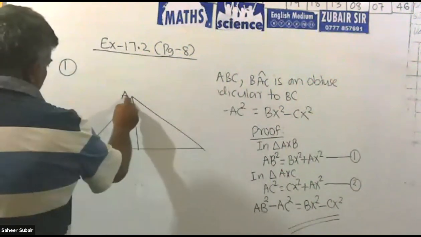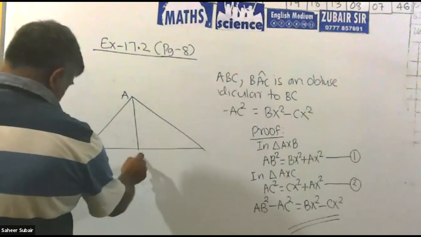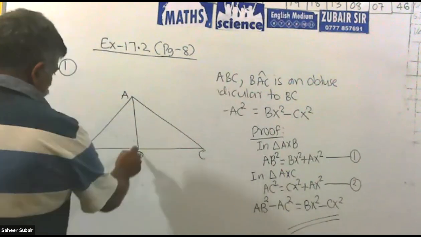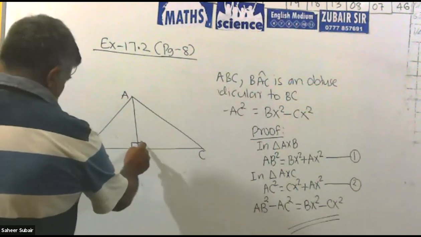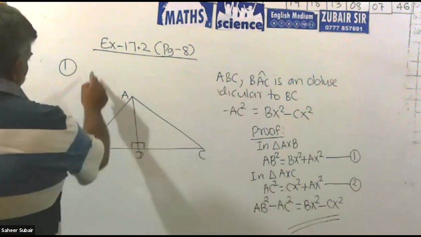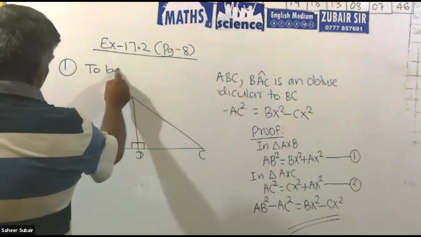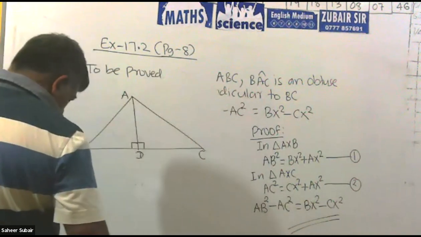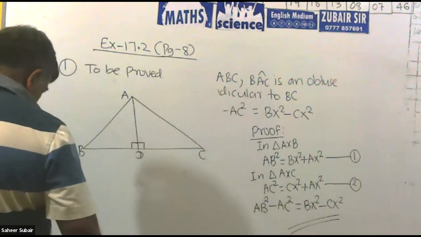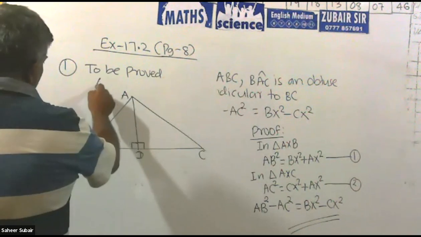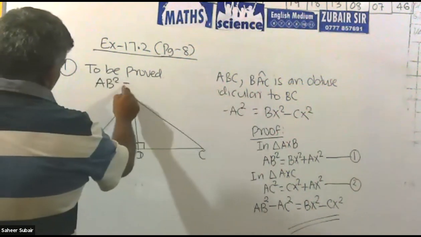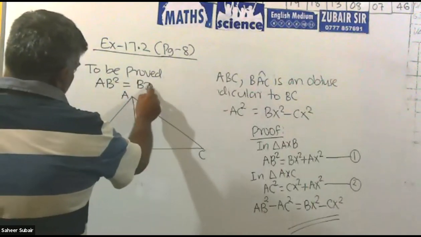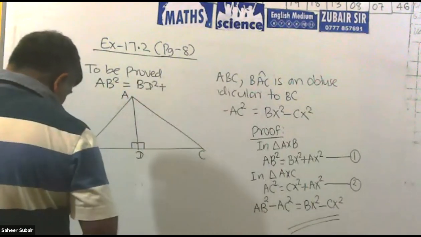In that, one diagram is there like this. This is the right angle. Then this one also right angle. What is to be proved in this? AB squared is equal to BD squared plus DC squared.